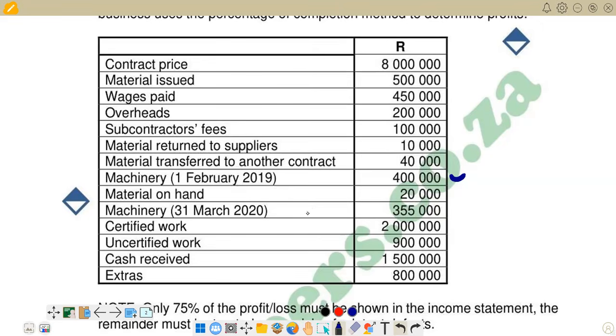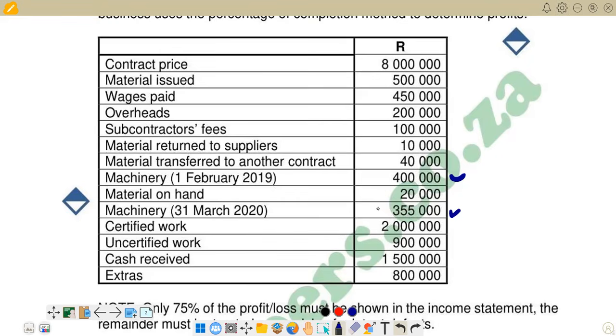And we have got also machinery here, 31 March 2020, which is at the end of the period, which is 355,000. So we are seeing that the value has decreased. This decrease in the value we can call depreciation, and depreciation becomes a cost which you need also to indicate in this contract account.